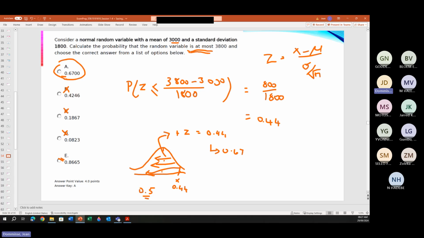Because now they can say at most, when we know it is up until there, or they could have said less than, and then we know we need to shift, so that again is how they will be able to make it different for the different papers.